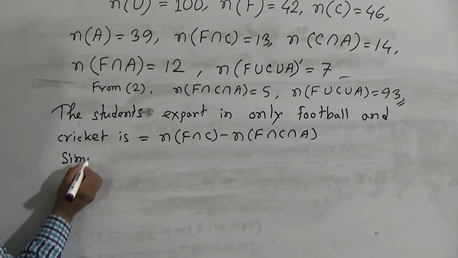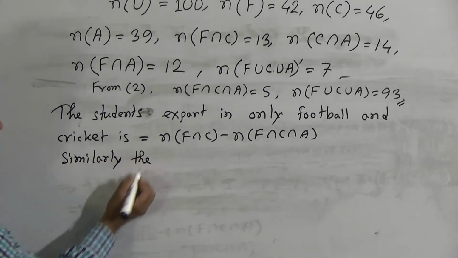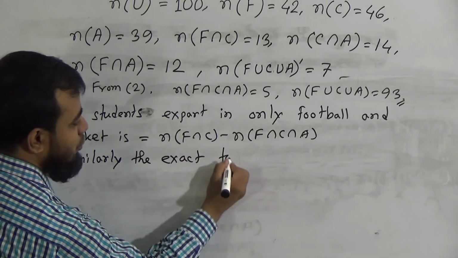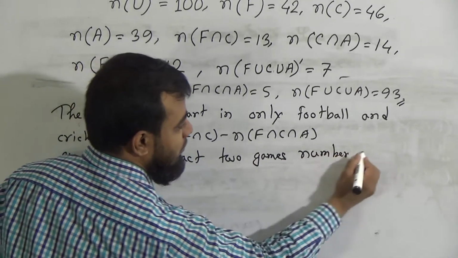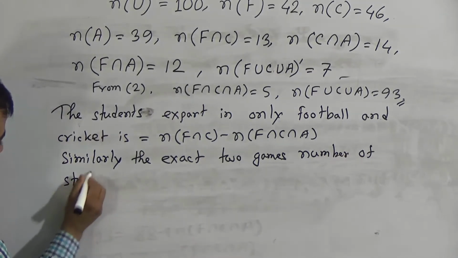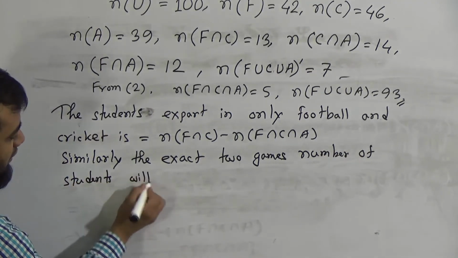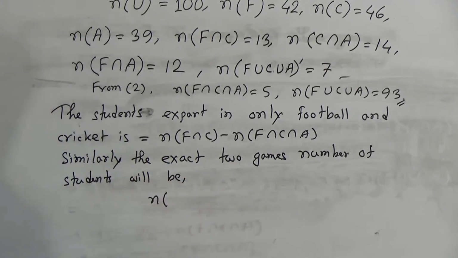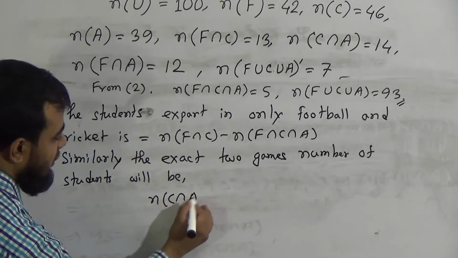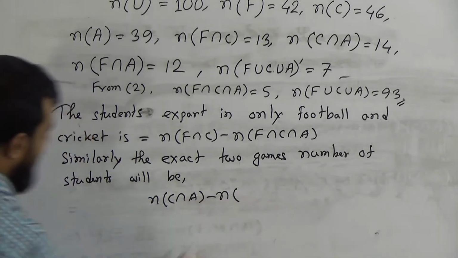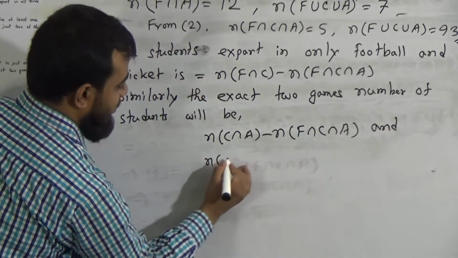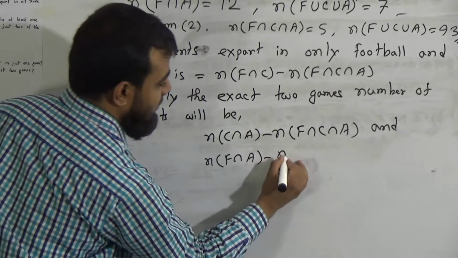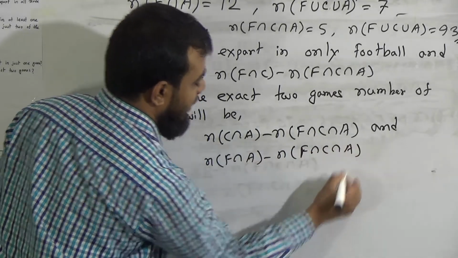Similarly the exact 2 games number of students will be: number of elements of C intersection A minus number of elements of F intersection C intersection A, and another one is number of elements of F intersection A minus number of elements of F intersection C intersection A. I hope you have understood, my dear students.